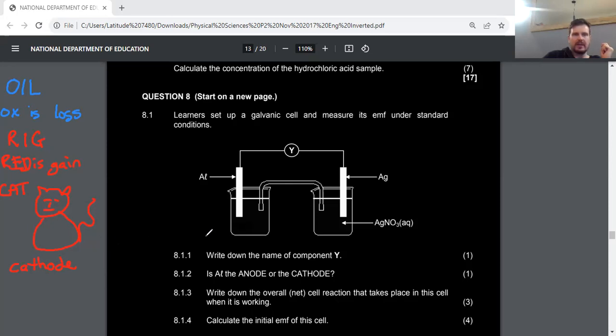The other thing to remember is that in a galvanic cell, which is what we're looking at here, the anode is negative. So our cathode is positive, and our anode is negative.